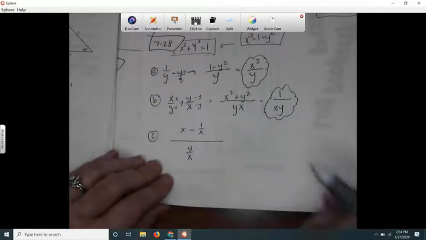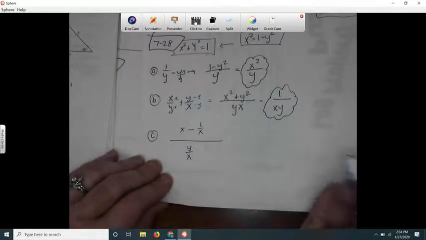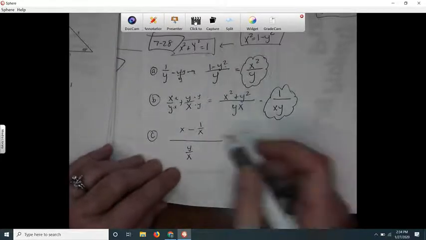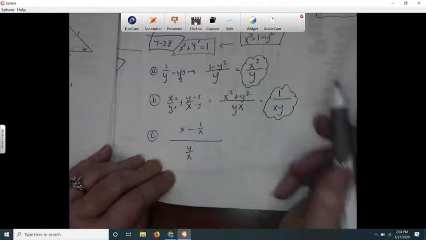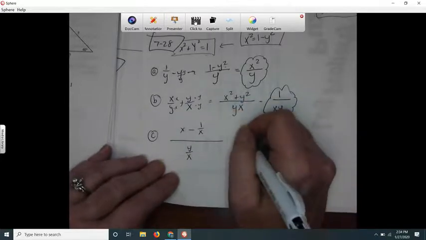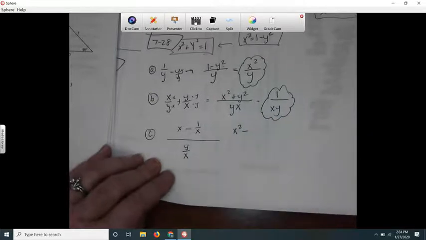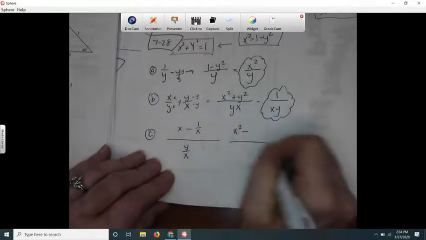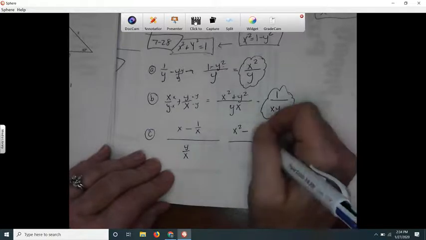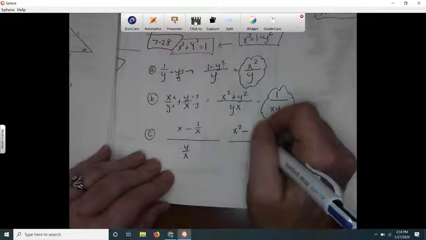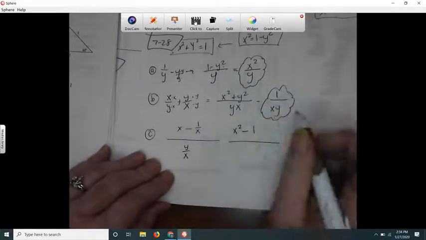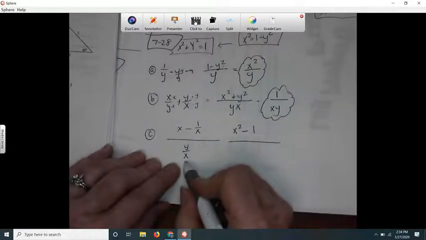That might be nice. Yep, I'm going to multiply the top and the bottom by x. So when I multiply this by x over 1, I'm going to have x squared. And when I multiply this by x, I'm going to have 1. And when I multiply this by x, I'm going to have y.